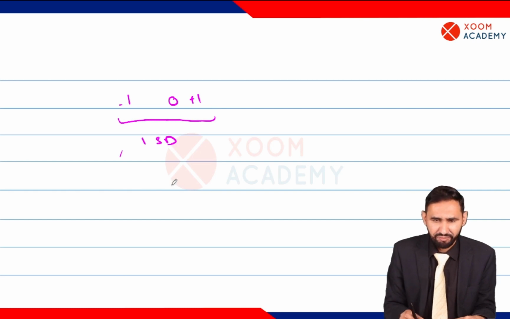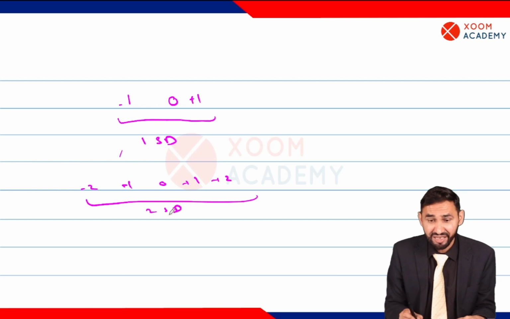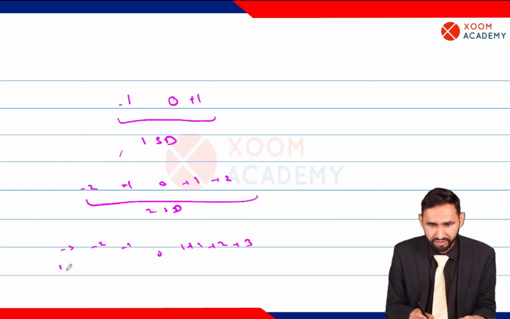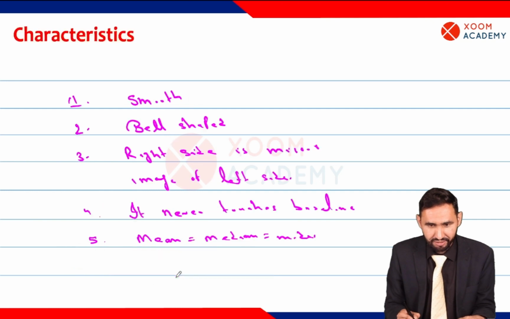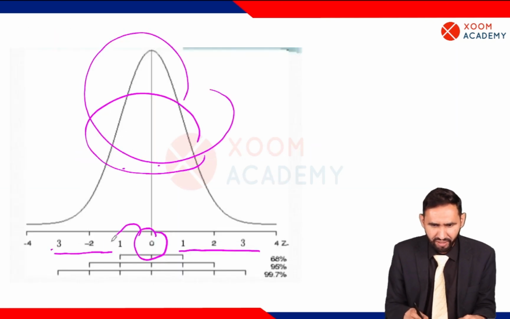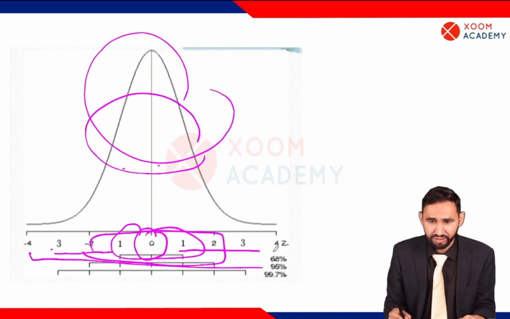The distance from plus 2 to minus 2, we can write this way, is 2 standard deviation. And the distance from 3 to minus 3 is 3 standard deviation. Plus 1, we can write plus 2, plus 3, minus 1, minus 2, minus 3. Like you can see, the distance from 1 and 1 is 1 standard deviation, 2 and 2 is 2 standard deviation, and 3 and 3 is 3 standard deviation.